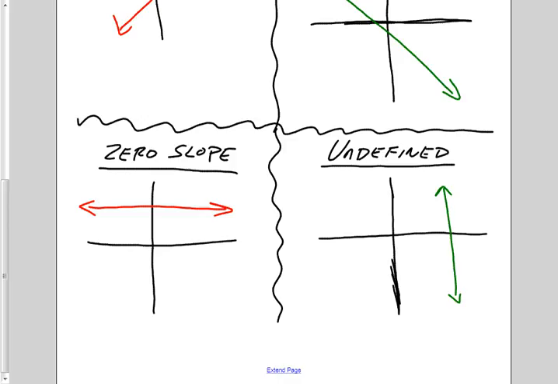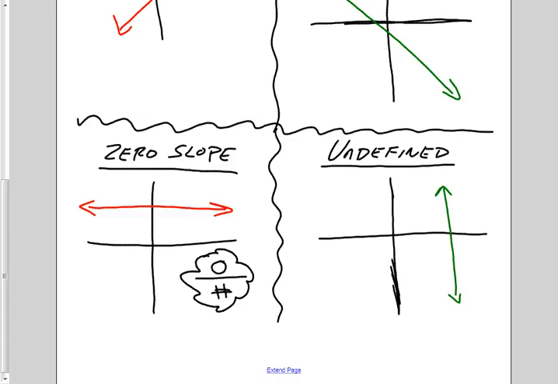The reason on the left that it's a 0 slope is because the y value is always going to be 0. So as I do my slope formula, the top of my fraction will always be 0 over some number. And we know from grade school that this means my answer is always going to be 0.